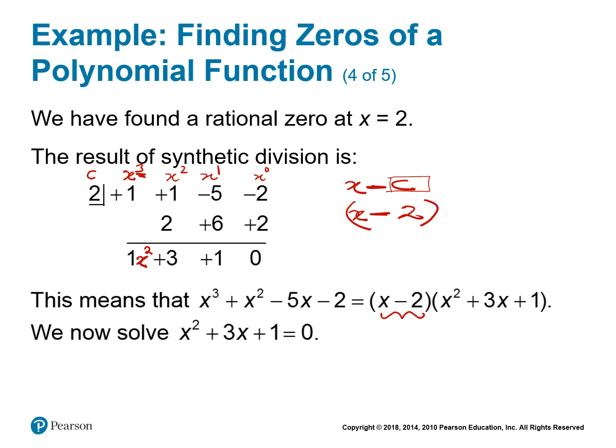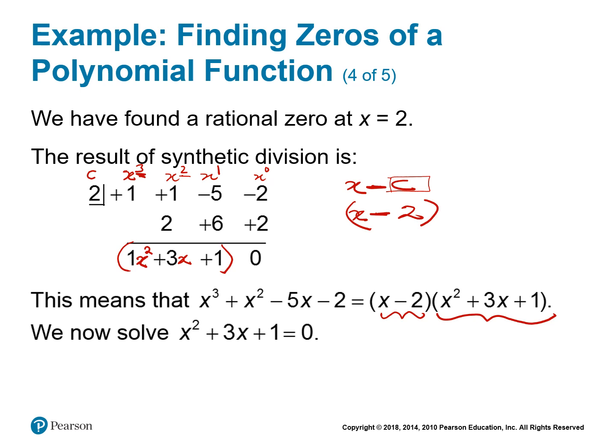For the second term of the quotient, it's going to be 3 times x to the 1, because the original function had 2 as an exponent in the second term, and the last term is just going to be plus 1. So x squared plus 3x plus 1, just surround it with brackets and write it as the other factor of this polynomial.